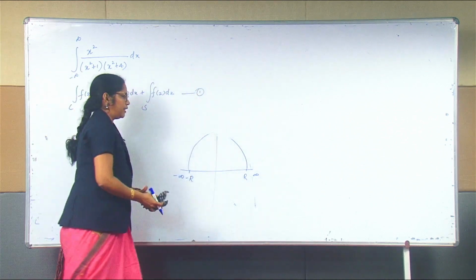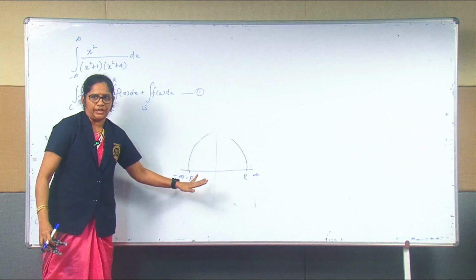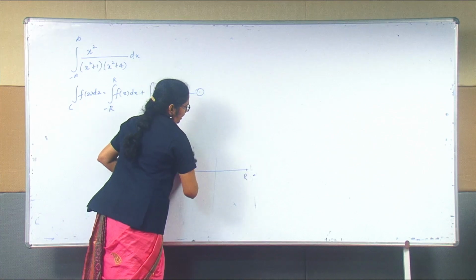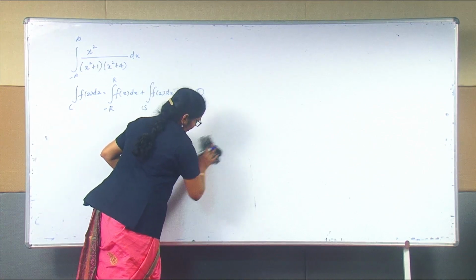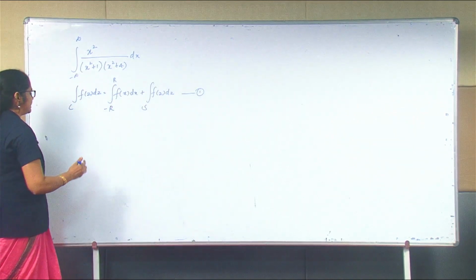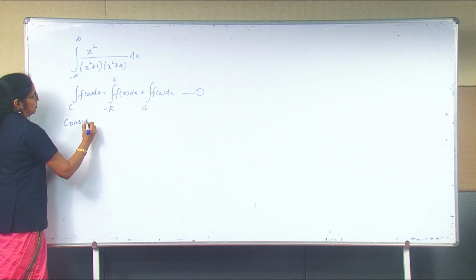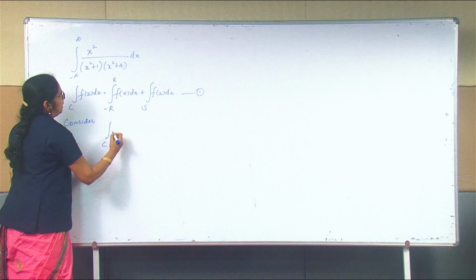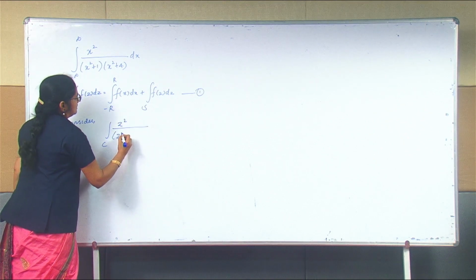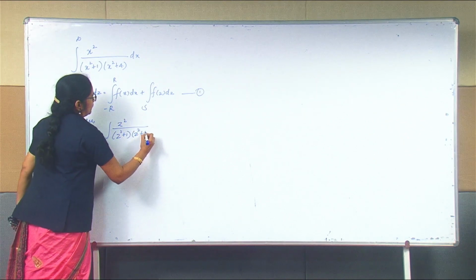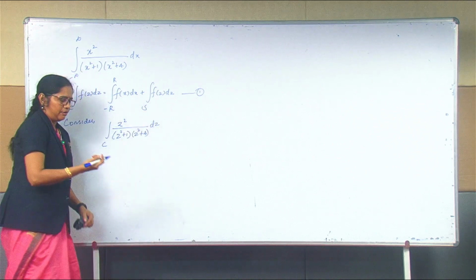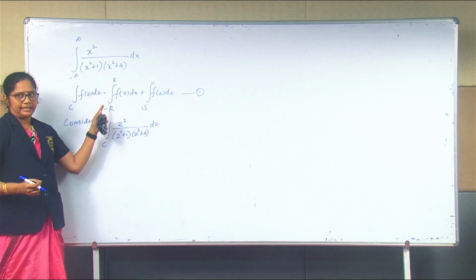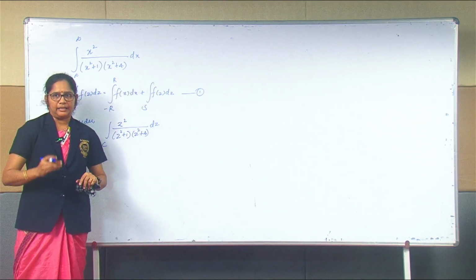So this minus infinity to infinity, we are converting into an equation. Now the given problem can be considered as integral over c z square by (z square plus 1) into (z square plus 4) dz. Simply we have to rewrite x as z. This is our left hand side. Now we are going to find the answer for the left hand side, and from this we are going to find the given answer.